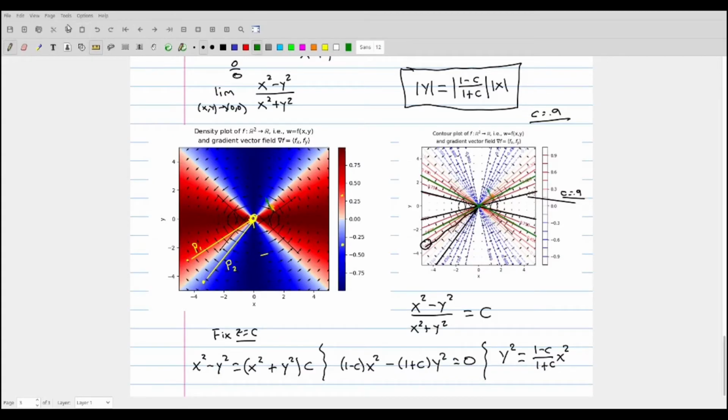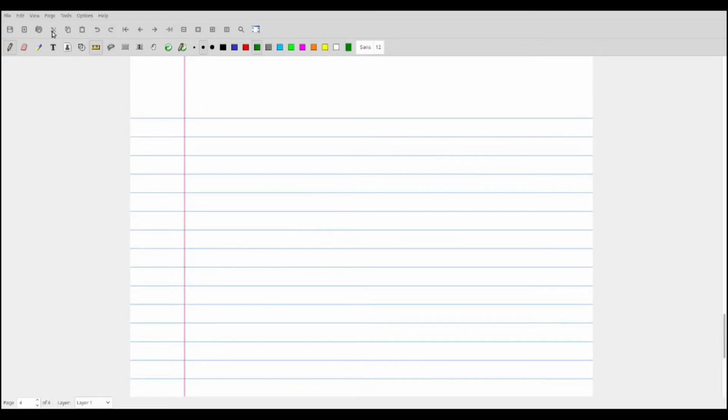For instance, just doing another limit as we go to the origin.